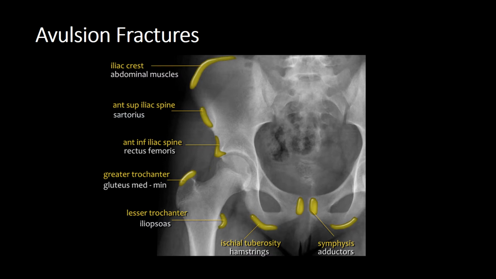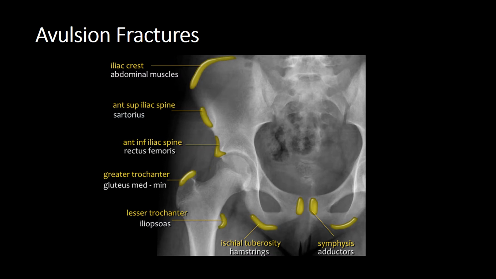So it's really important that you know all the apophyses in the pelvis so that you can check these areas particularly carefully in young people. Now remember, an apophysis is the site of growth in width, and it's the site of insertion of muscles and ligaments and so on.